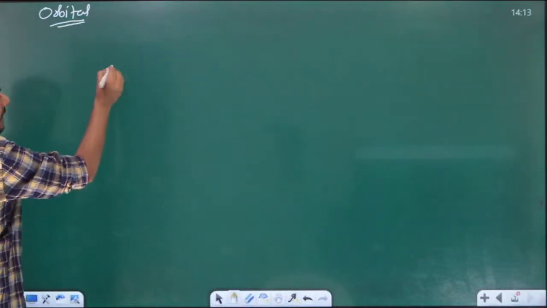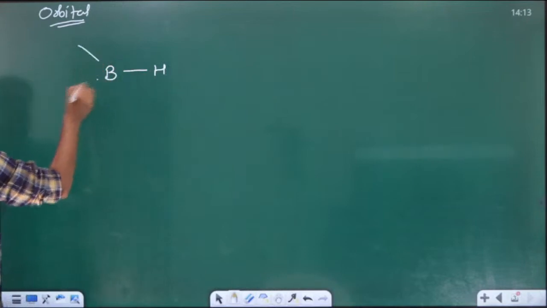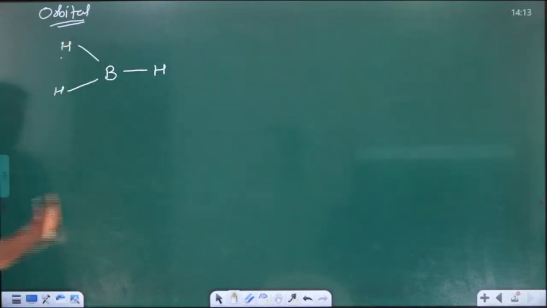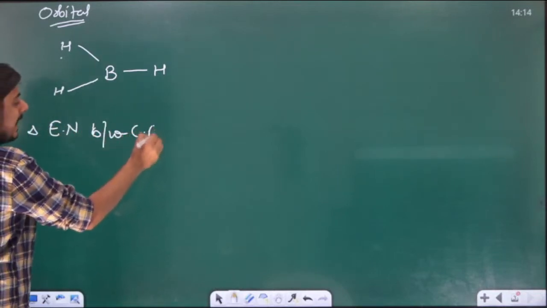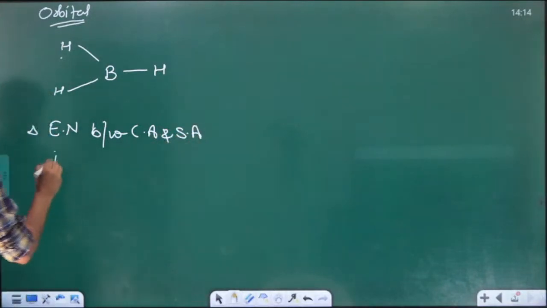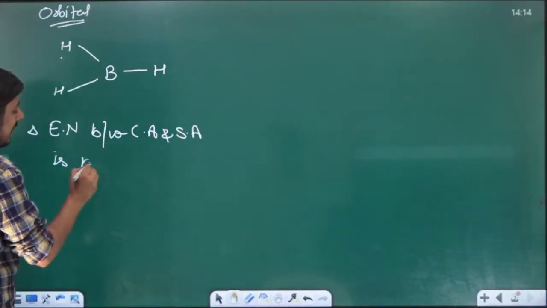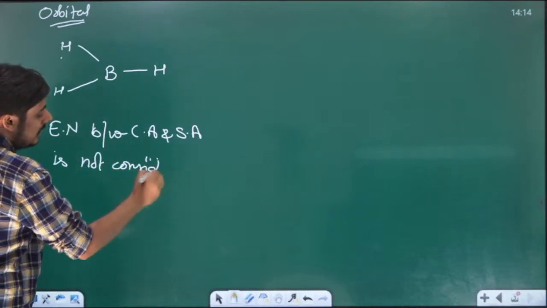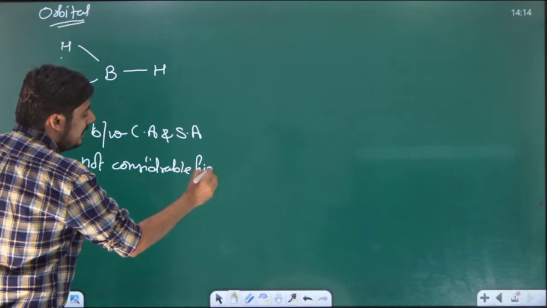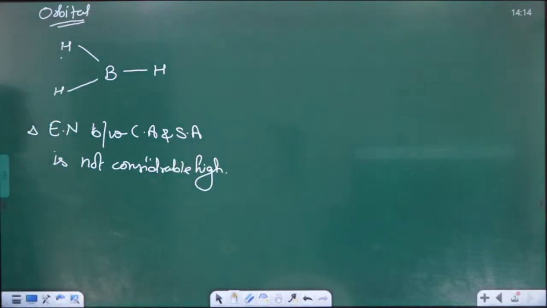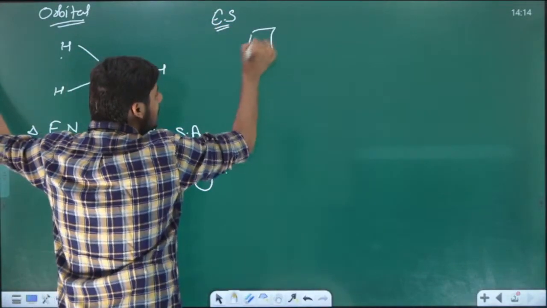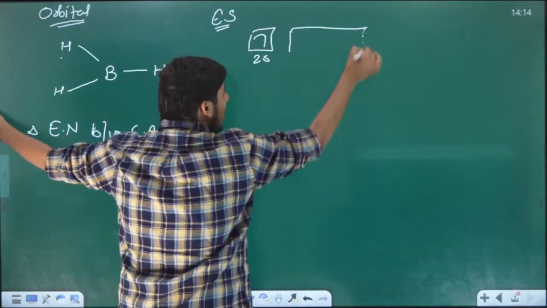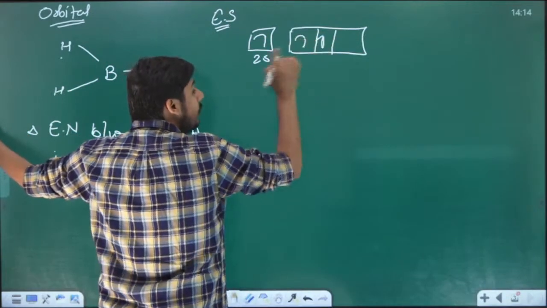Say I have a molecule BH3, where there is not a high electronegativity difference between the center atom and the surrounding atoms. So on the center atom boron in excited state, we will see there is a single electron present in 2s, whereas there are 2p orbitals having 1 electron each.